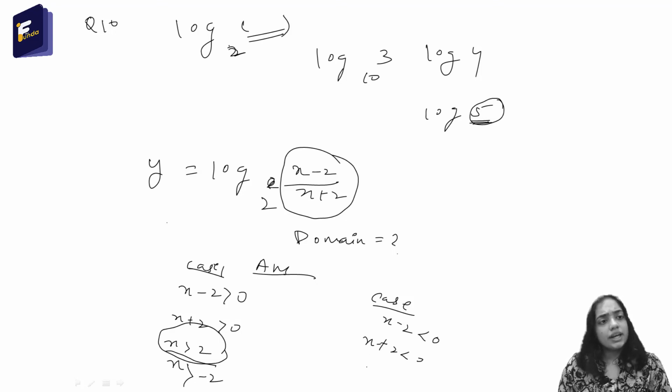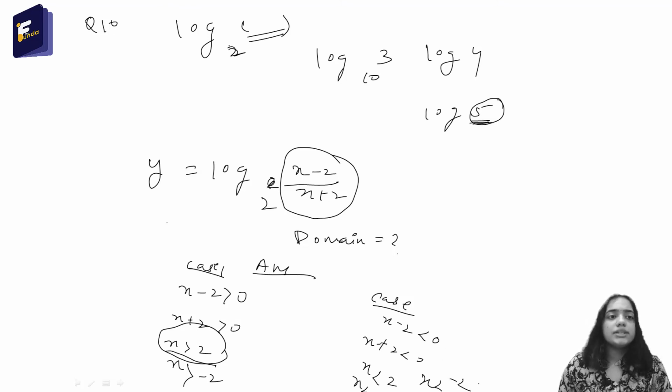Similarly, x will be less than 2 and x will be less than minus 2. If the number is less than minus 2, then it will always be less than 2. So we will take this condition only. So what we are getting? x is greater than 2 or x is less than minus 2.